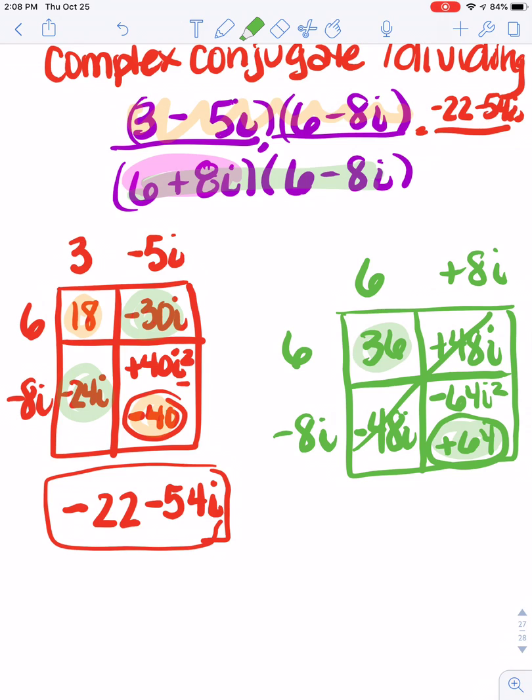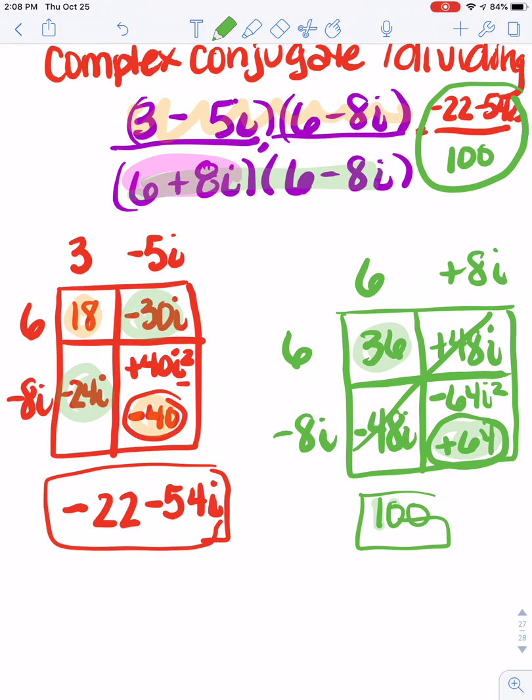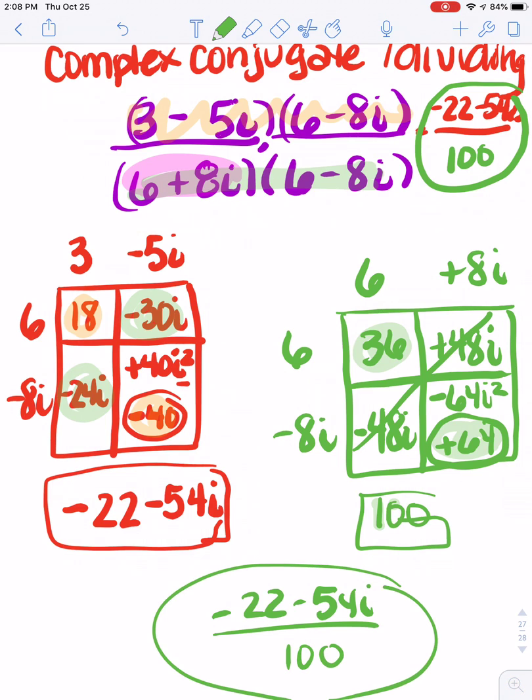So if I have 36 plus 64, that's going to end up being 100. That's going to go on the bottom of this. Okay, so you end up with negative 22 minus 54i over 100. Okay, keep working on your other ones and look over your foldables.